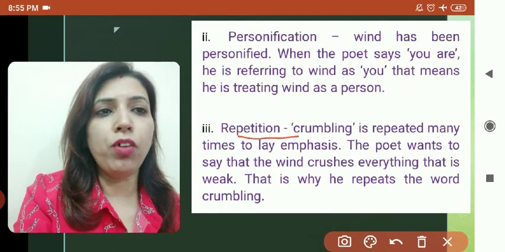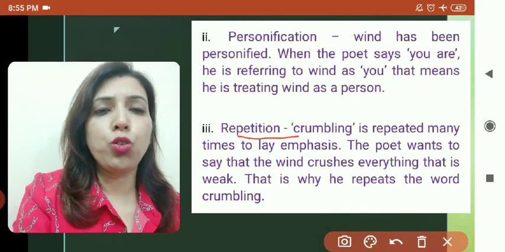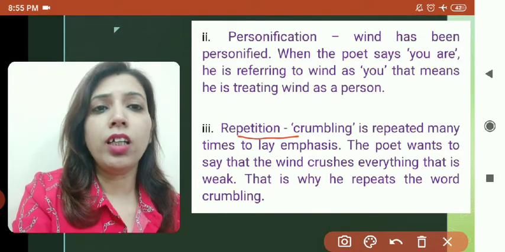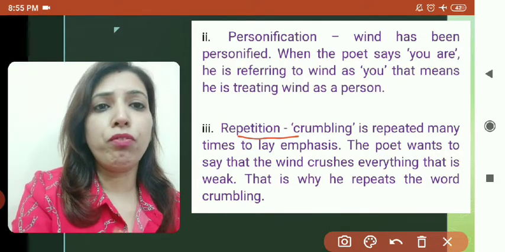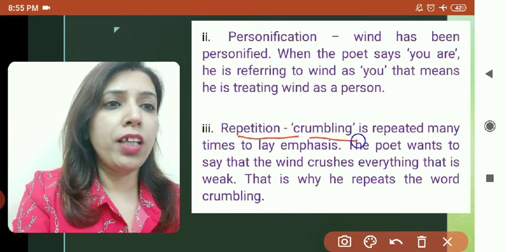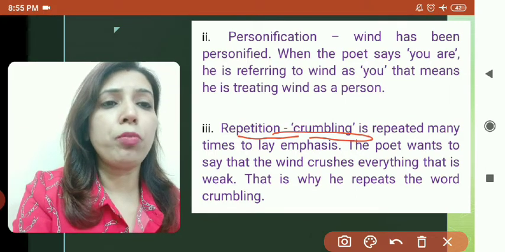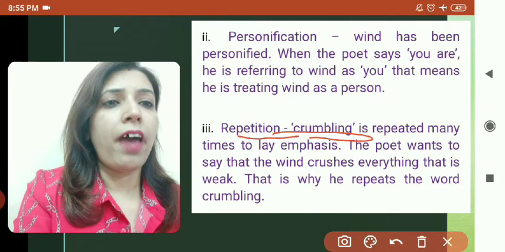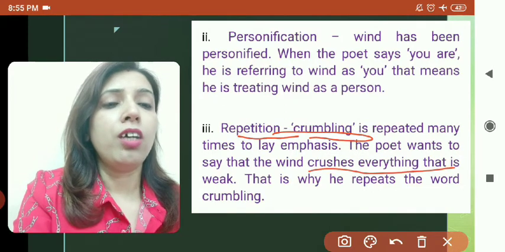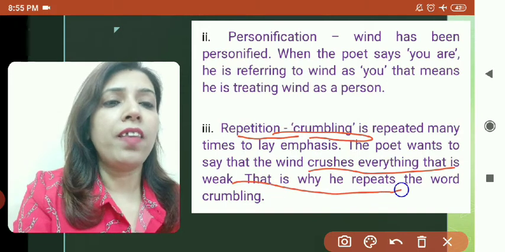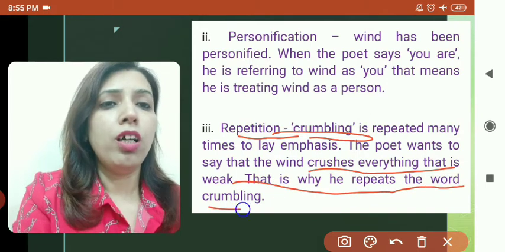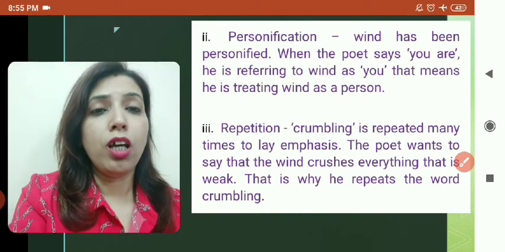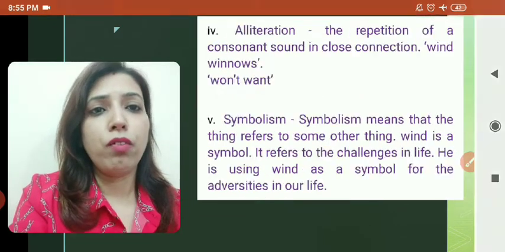Repetition means the same word comes again and again to lay emphasis on the expression and feelings. Here we find that the word "crumbling" is repeated. The poet wants to say that the wind crushes the weak, and that is why he repeats the word, to emphasize what the wind does to weak people.